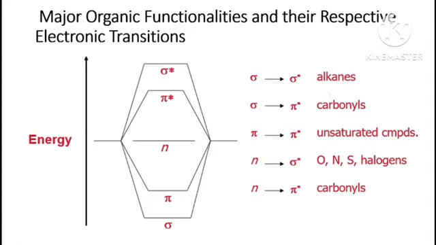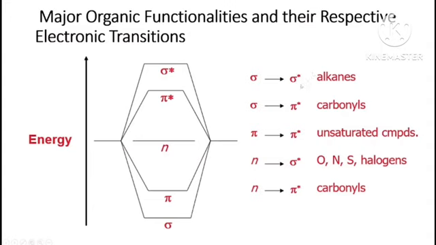If you run your spec and after your analysis you realize that the electronic transition that occurred, or the kind of UV light that was absorbed, as a result of you getting a particular absorption spectrum, corresponds to sigma to sigma star, then you're able to see that this particular liquid my supervisor gave me contains an alkane.